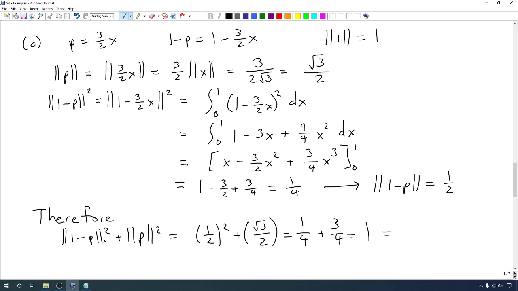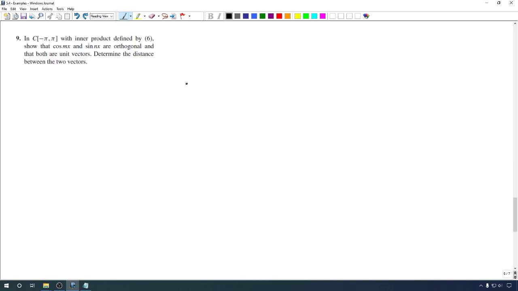Well, their sum, the sum of 1 minus p and p, is literally 1. So is this the square of the norm of 1? Well, yeah. Norm of 1 is 1. Square of that is still 1. So that's the norm of 1 squared. So the Pythagorean law does work, as it should, but we've just verified it in this particular case.